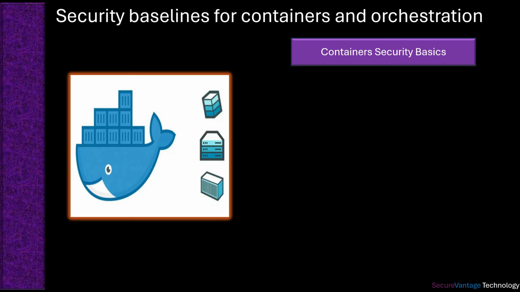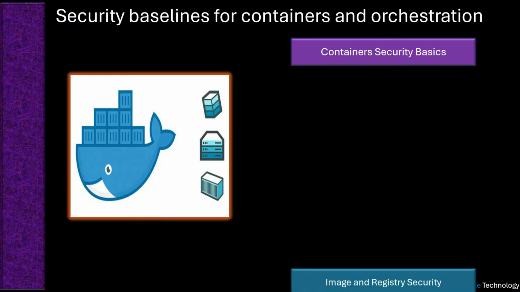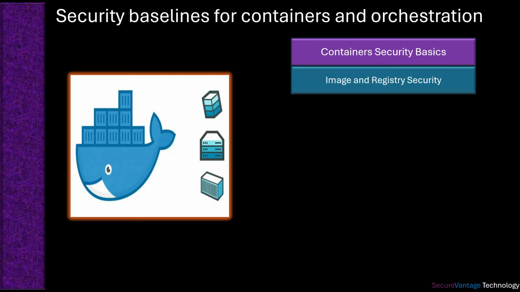There are many key components of container security baselines in Azure. Let's unpack those. For image and registry security, you should ensure containers are built from secure and trusted images. You should use Azure Container Registry to store and manage container images securely, and enable image scanning for vulnerabilities using Microsoft Defender for Containers, which can scan images within ACR for known vulnerabilities and compliance issues.